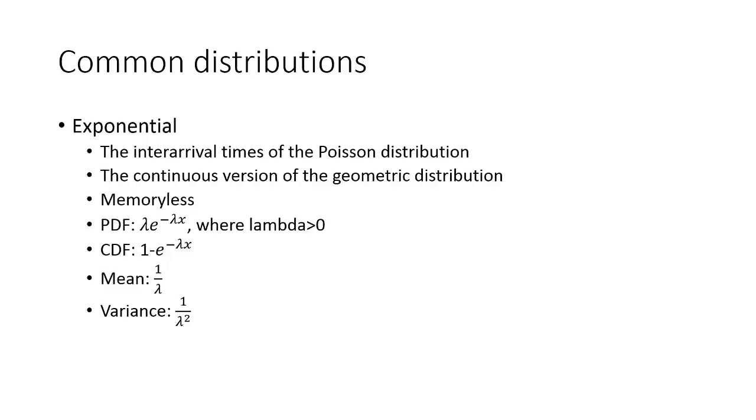Here with the exponential, you're describing the inter-arrival, that is, how long should I wait before the next person arrives. So it's the exact same thing. The exponential is to the Poisson the way the geometric is to the binomial.